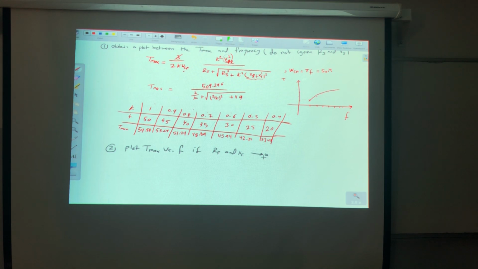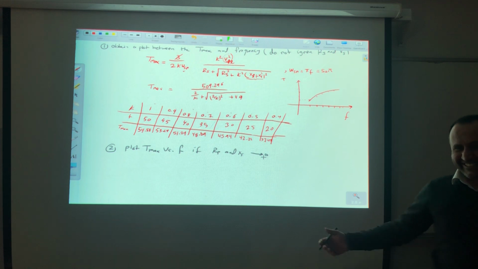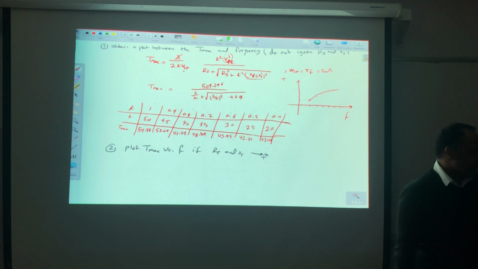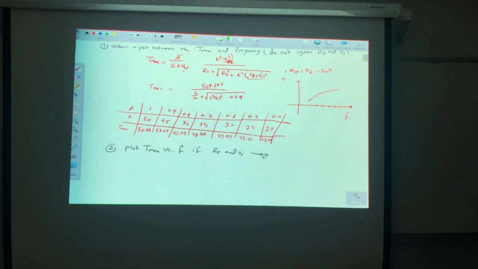How can I do that? It will be linear, 2 over K. Linear, so linear can be anything. Linear with what slope? So simply, this is the frequency, this is the T, this is the F minimum, this is the F max.